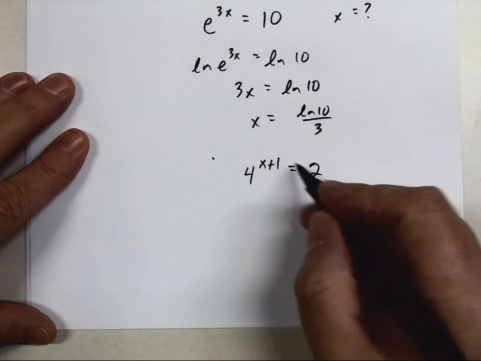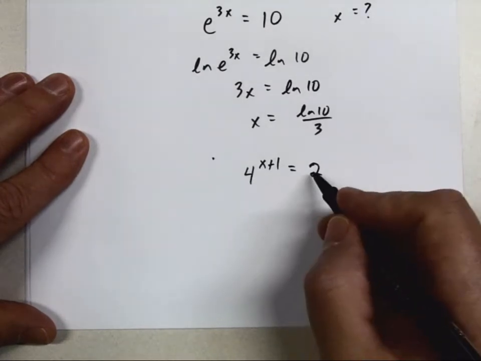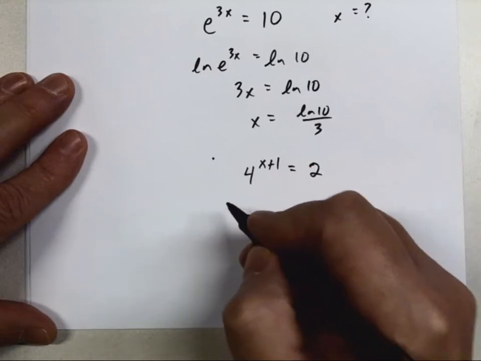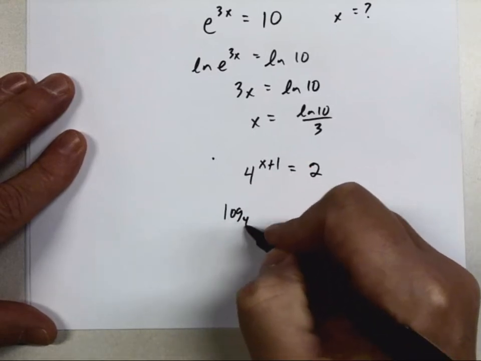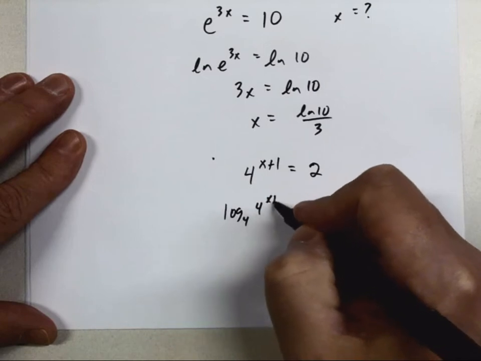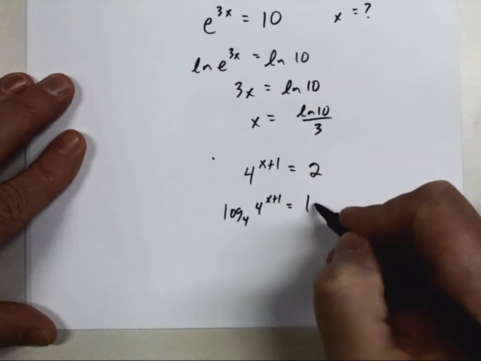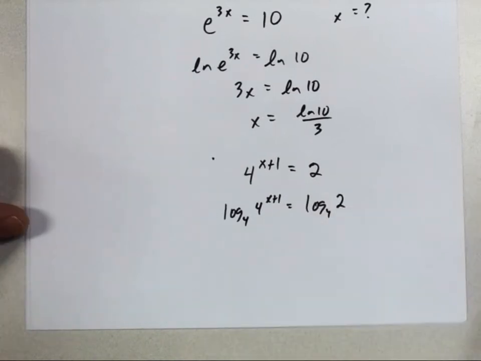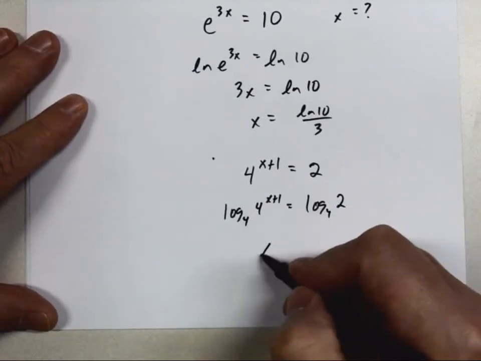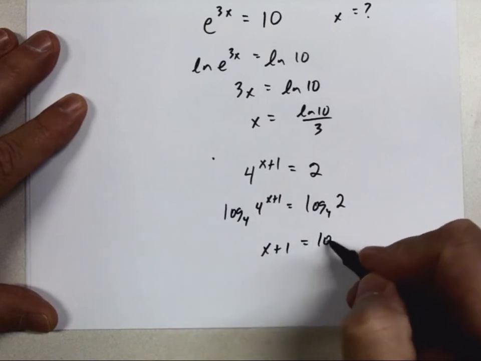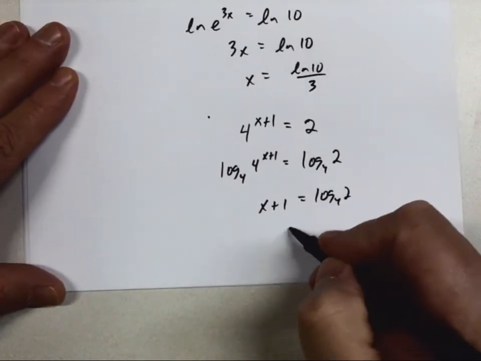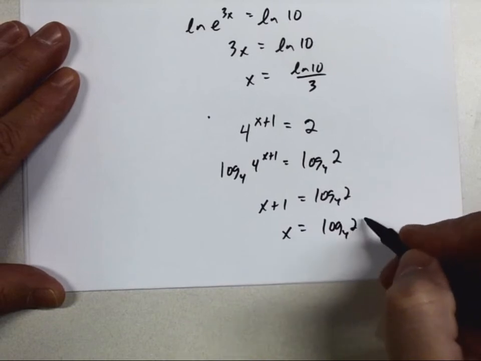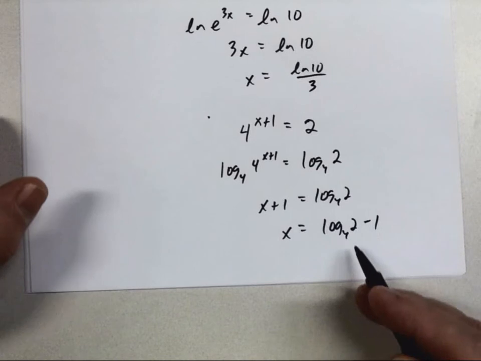The first way is I can take the log base 4 of both sides, right? That's how we convert exponential equations into log equations. So this becomes x plus 1 equals log base 4 of 2. I would have this.